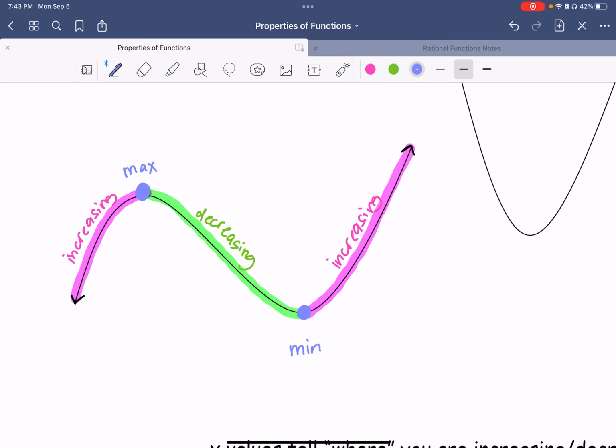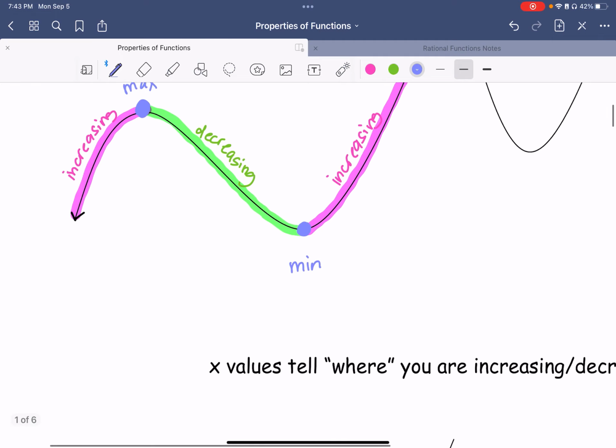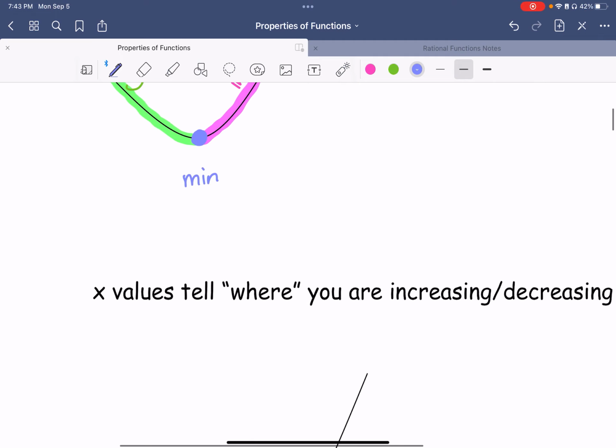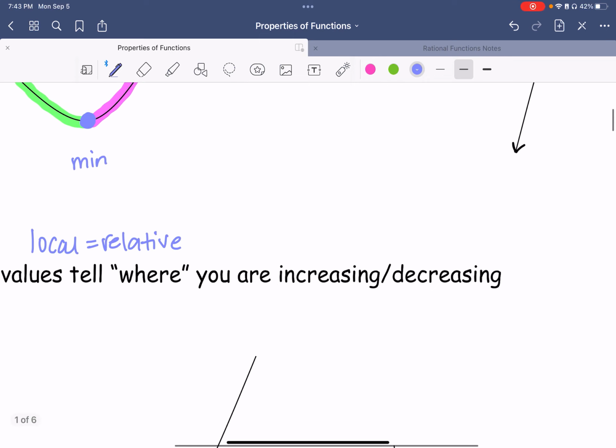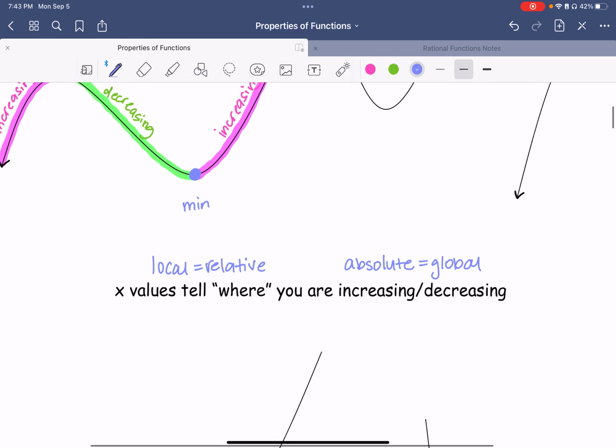There are local maximums and minimums and absolute. Okay, another word for local is relative, and they might use these two words interchangeably on the ACP, so make sure you are familiar with both. So local is relative, and absolute is the same thing as global. Okay, those words will also be used interchangeably on the ACP.